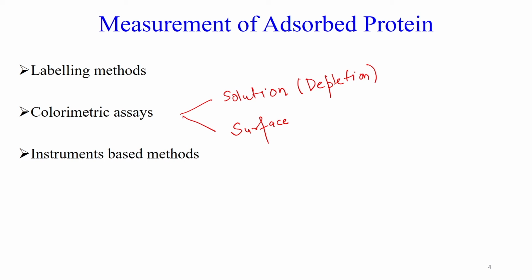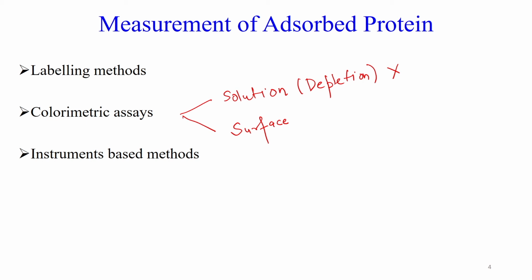We call this the depletion. But typically in protein adsorption, the adsorbed mass on the surface is very small, in the range of nanogram per centimeter square to milligram per centimeter square. In that case the change in the bulk concentration is not very significant. So, typically it is difficult to analyze through the solution depletion method.